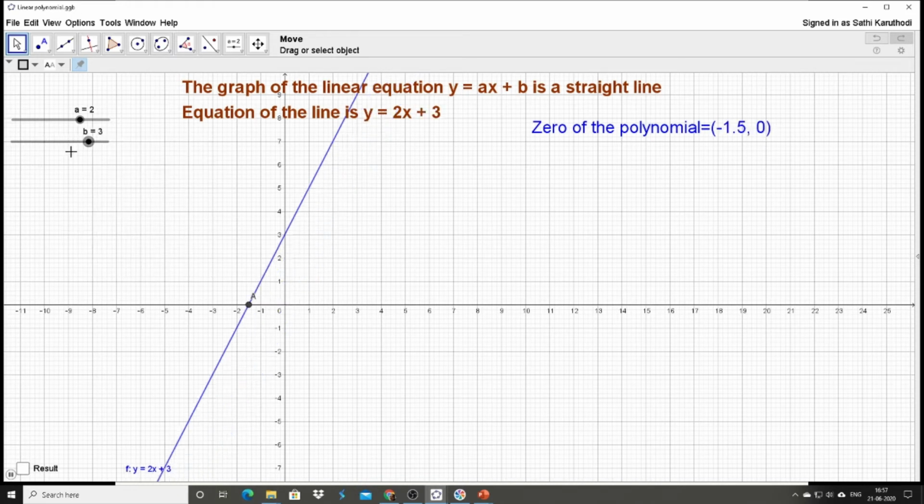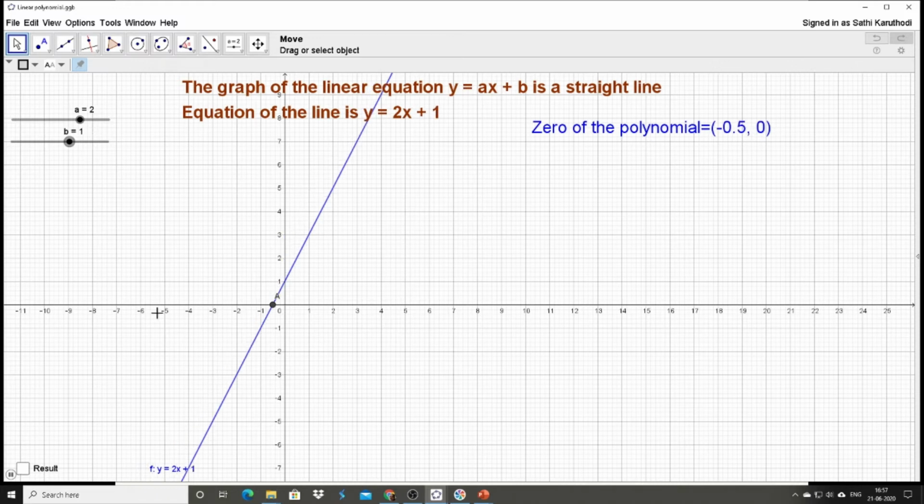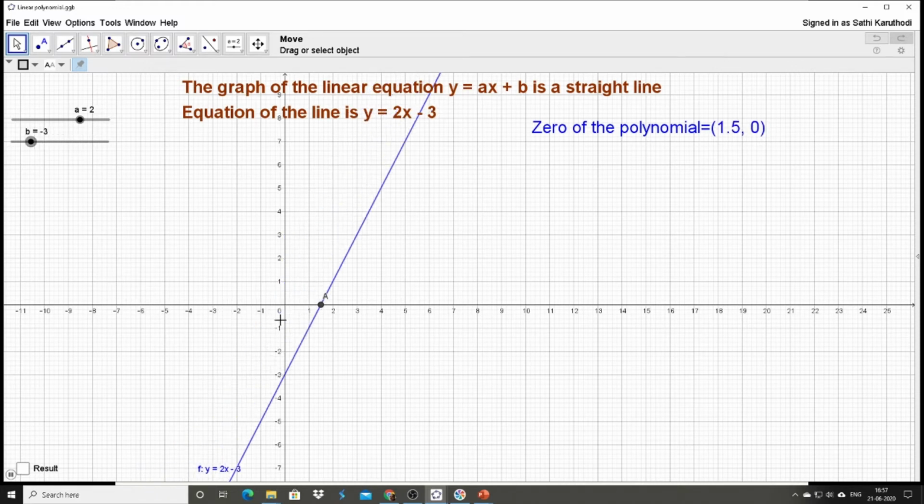When we give different values, the graph moves along the x-axis and the point of intersection is exactly 1 point. And the zero is the x-coordinate of the point of intersection.